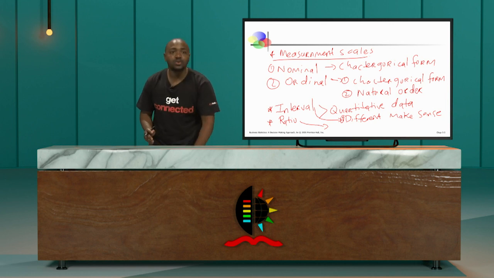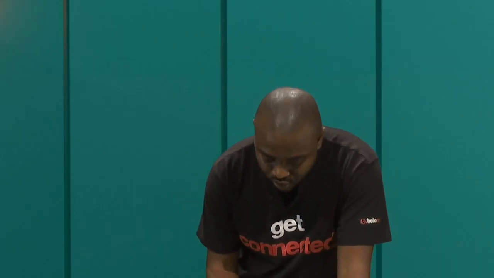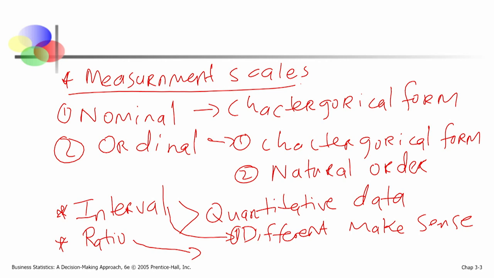If you look at temperature, number one, temperature is numerical, right? So it's quantitative data. So the difference between the temperature today and tomorrow, if it makes sense, then it's interval. Okay, now let's look at ratio. Ratio is also quantitative data. If you look at ratio as a measurement scale, firstly, your data needs to be quantitative.